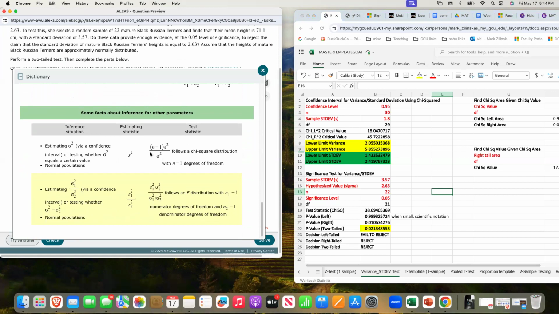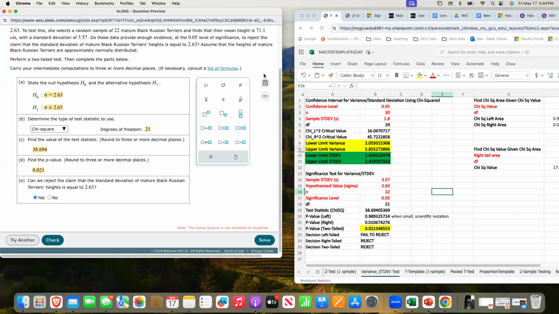It is just the sample size minus 1 times the variance of the sample divided by the hypothesized value for the variance. The n minus 1 is degrees of freedom, similar to the t distribution. A lot of that, as usual, is going to be worked out for you here on the spreadsheet.